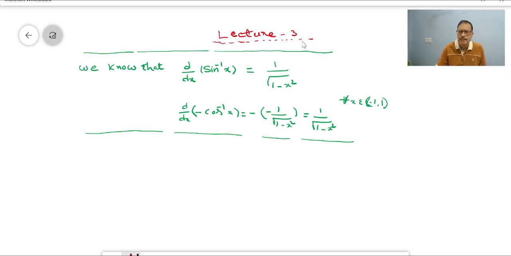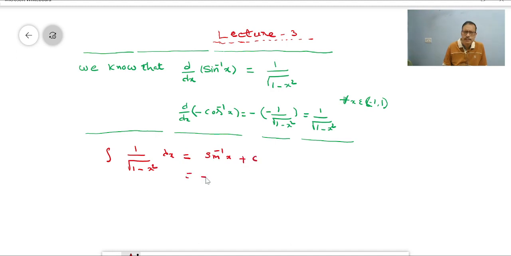Now, integrating this function 1 by root of 1 minus x square, we get sine inverse of x. And also integrating 1 by root of 1 minus x square, we get minus cos inverse of x. Hence, what you can write? Integral of 1 by root of 1 minus x square dx is sine inverse of x plus c.